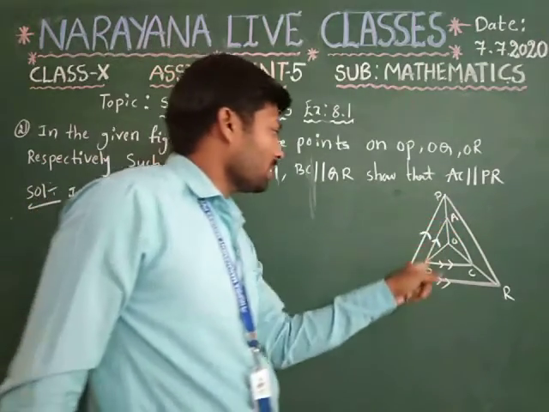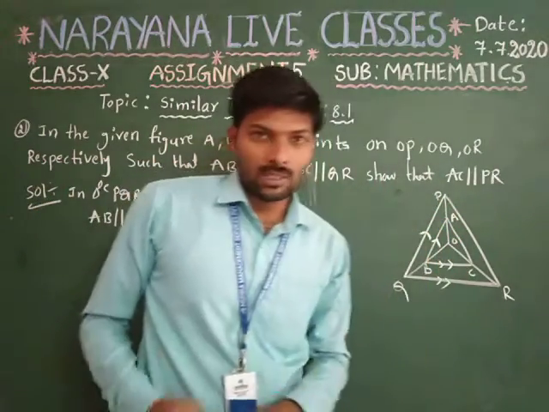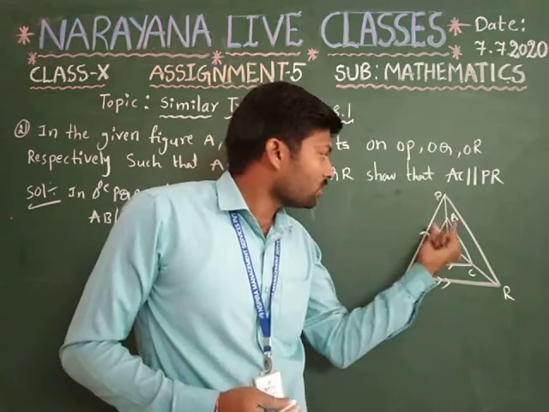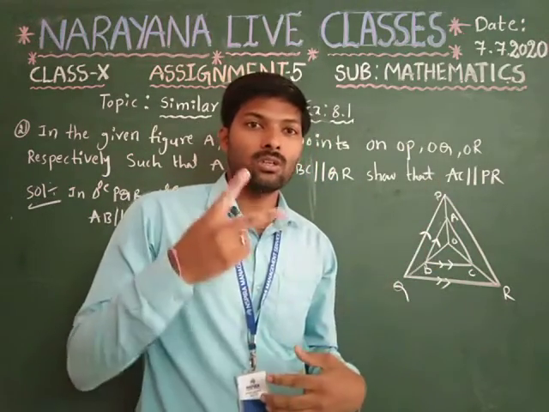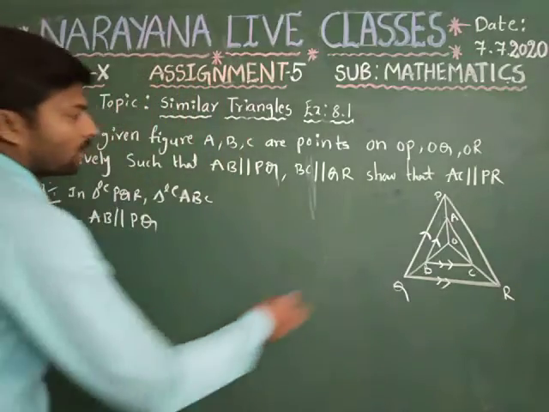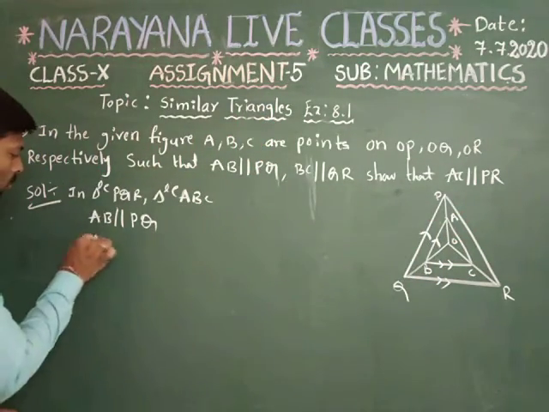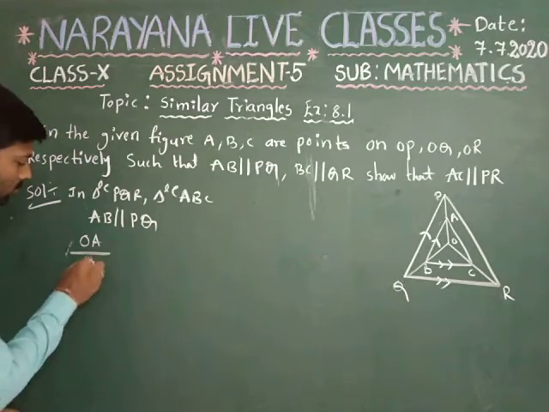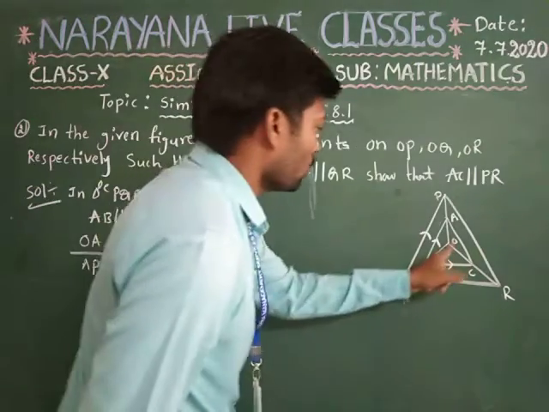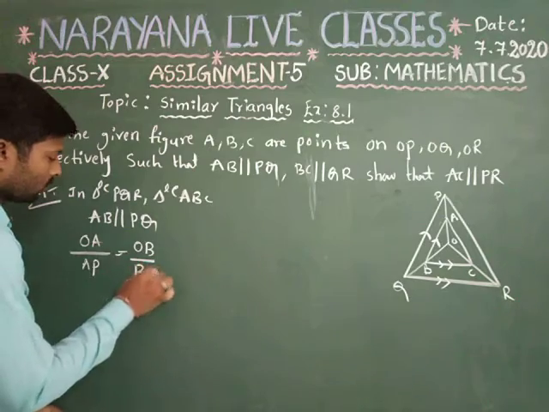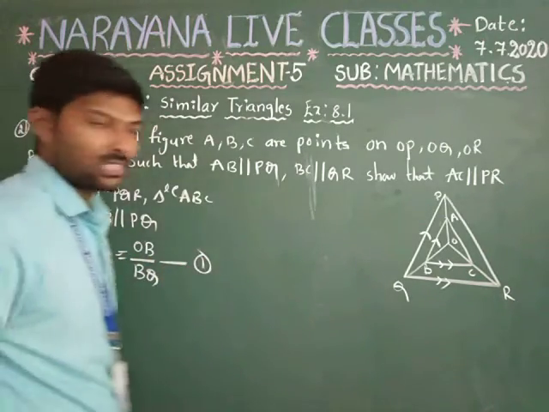If AB is parallel to PQ, as per the basic proportionality theorem, a line parallel to one side divides the remaining two sides in the same ratio. So I can write OA by AP is equal to OB by BQ. Let's take it as the first equation.